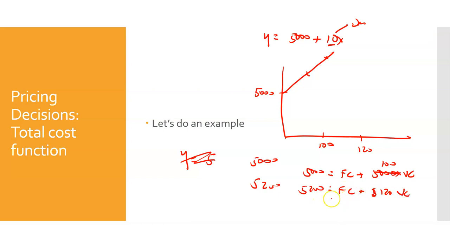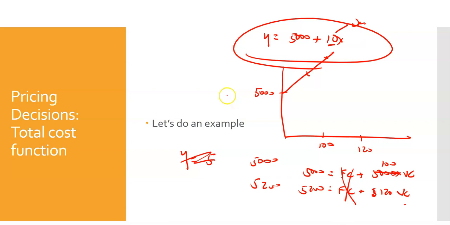We would use simultaneous equations, like we've done before, to get rid of the fixed cost, find the variable cost, and plug it in. So it's really about being happy and flexible, but being aware of the curve. Once you have a curve, you can happily move along and do different things. It's just being very happy with this relationship, and the rest is just simultaneous equations.